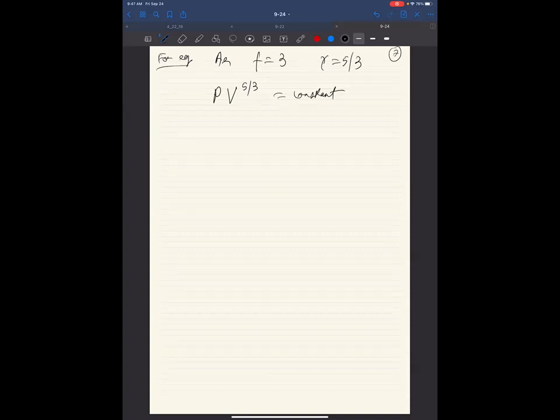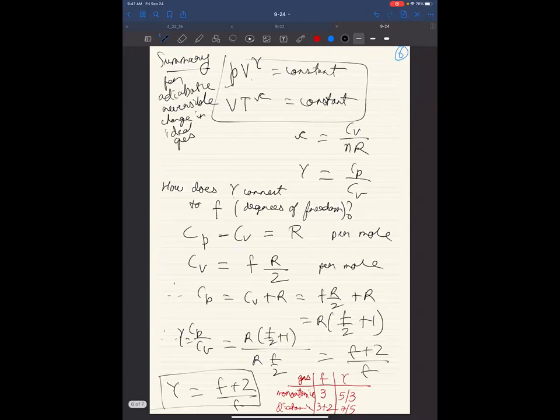It's related, right? Cv over nR was our small c. There are two constants that we introduced today. This is gamma. So Cv over nR matters for this other equation, TV to the power c is equal to constant. They are related. In the end, they are both expressible as a function of the number of degrees of freedom. Per mole, c is going to be F by 2, right?